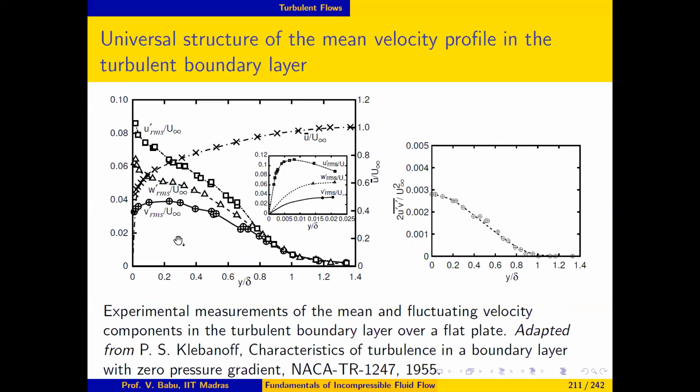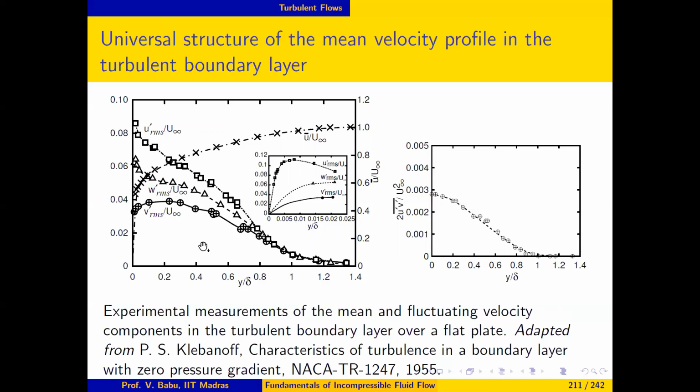And what is even more interesting is that the fluctuation in the span-wise direction, w prime, is actually higher than the fluctuation in the y direction. It can be seen here that v prime reaches a maximum of about 0.04 and then drops down, whereas w prime goes as high as 0.65 or so before it starts to decrease.